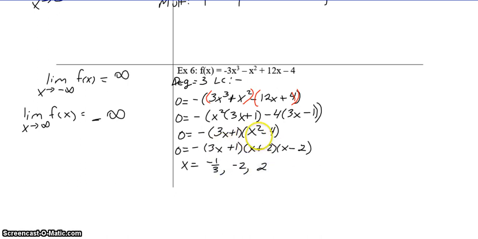All of these have a multiplicity of 1 because the exponents on each of those factors are 1. Now you might say, wait, what happened to this negative 1? That's wrapped up here. Can a negative 1 equal 0? Exactly.